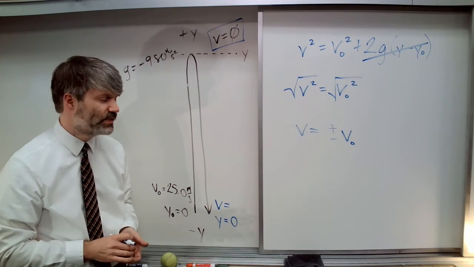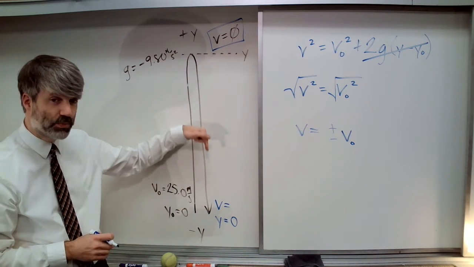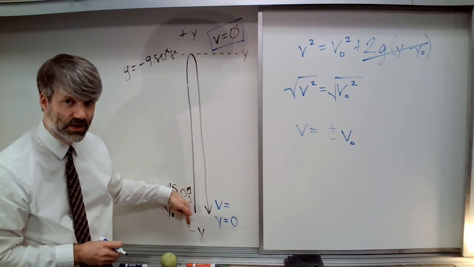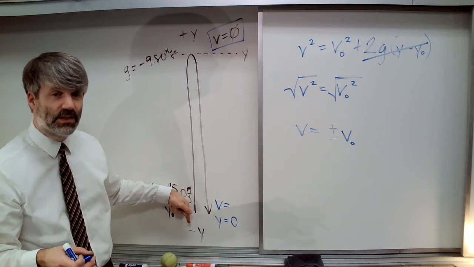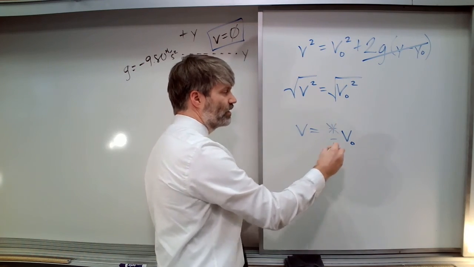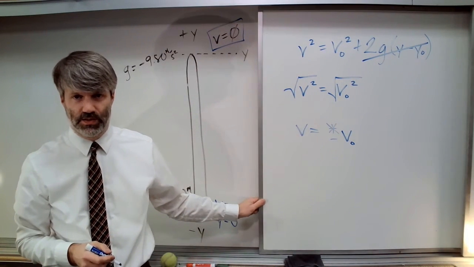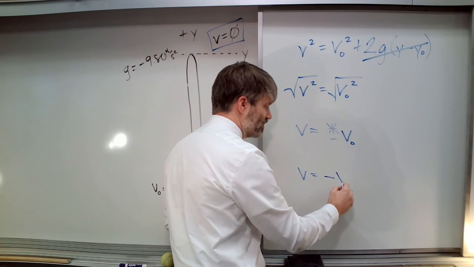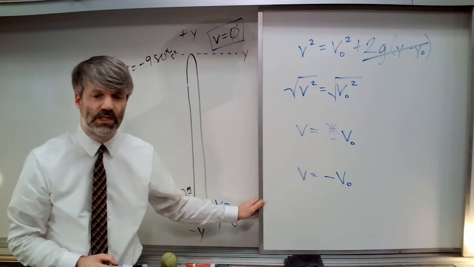And in this context, we can see that at this point, the ball is going in which direction? The negative direction. If it's going in the negative direction, that means that our positive value for the square root here doesn't make sense in this context. We're going to say that v is equal to the opposite of v naught.